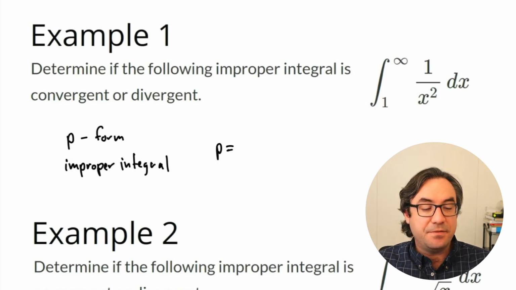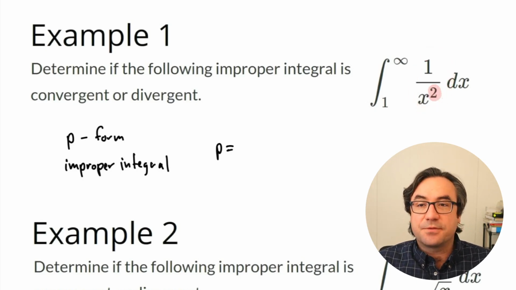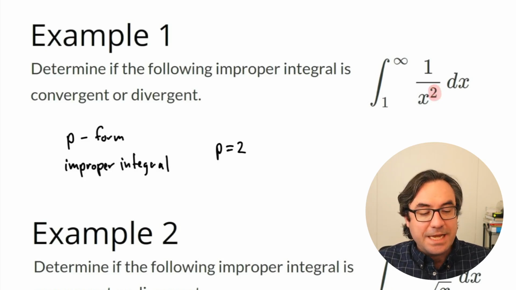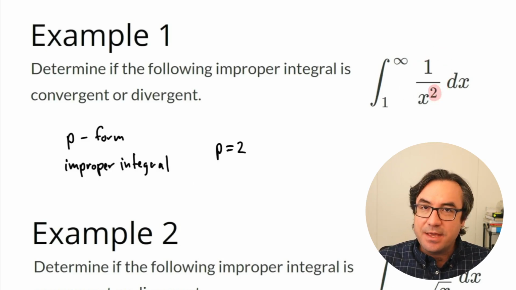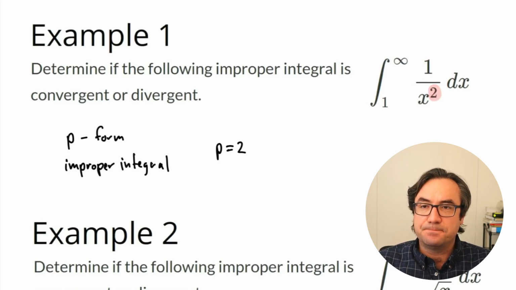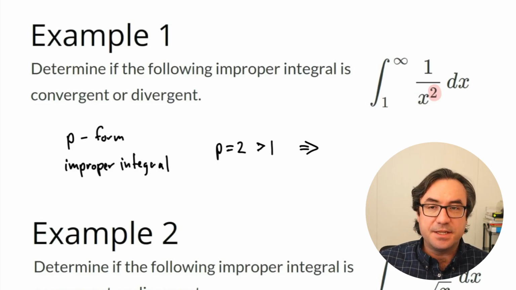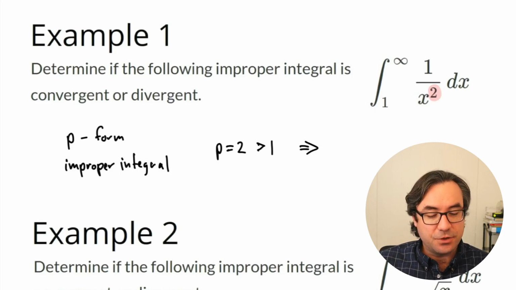So in this case, the p-value is the exponent on our x term when it's written as a fraction like this. So the p-value here is 2. Even though technically the exponent on the x here is negative 2, we're looking at it when it's written as a fraction. So the p-value here is 2. And because 2 is greater than 1, what this means is this improper integral is convergent.